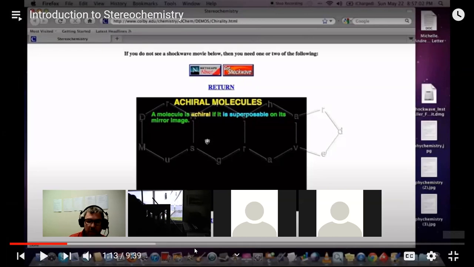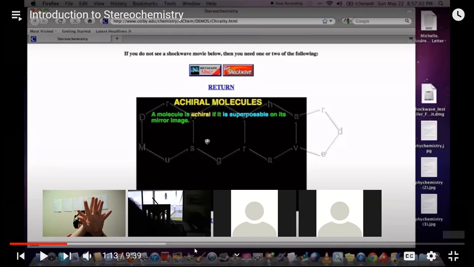The term chiral comes from, I think, the Latin, that means hand. The whole point is that if you've got two hands, unless your name is Mickey Mouse, you can't lay one hand on top of the other and have everything match up. I don't think anybody's name here is Mickey Mouse.